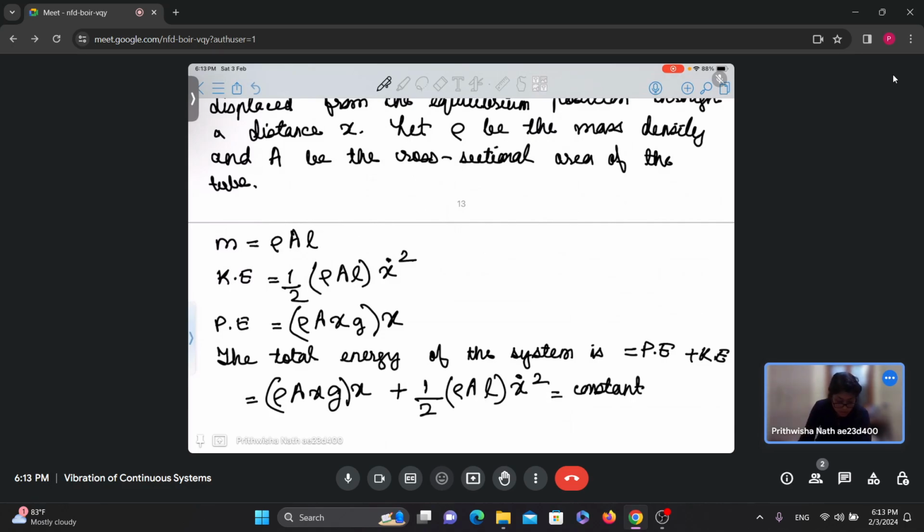Now we differentiate this equation with respect to time.